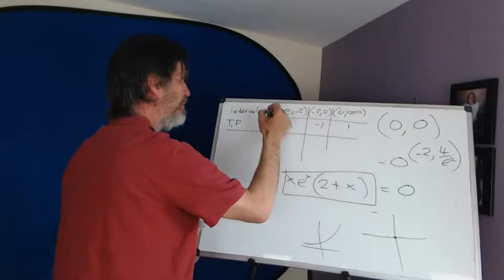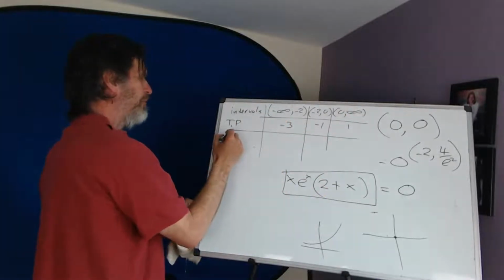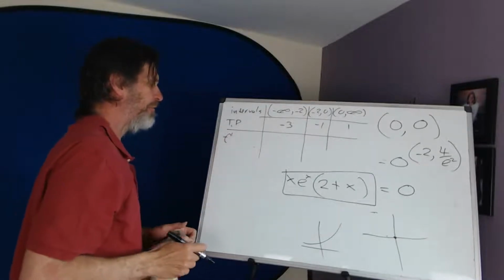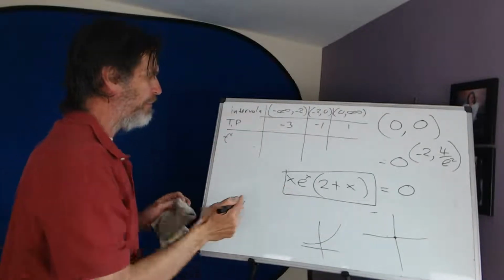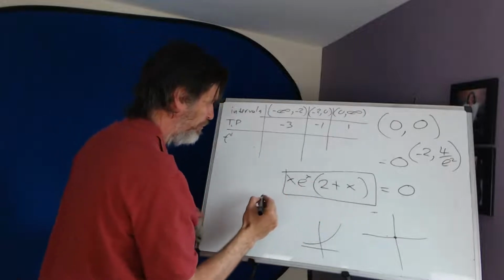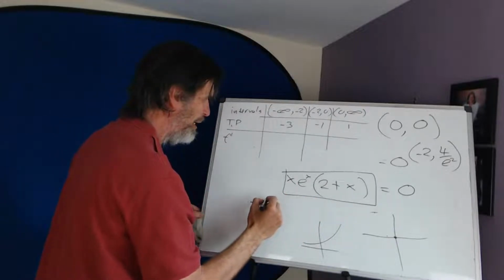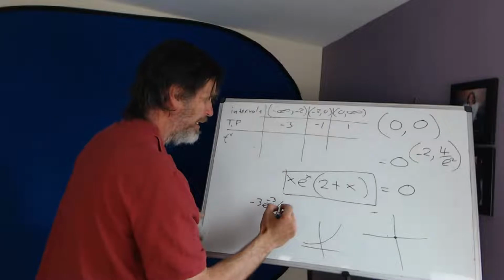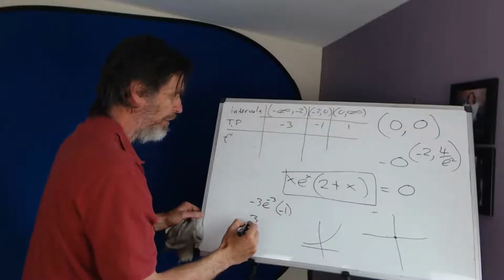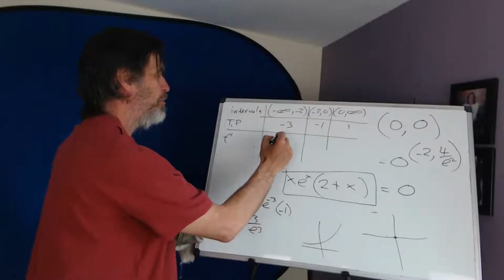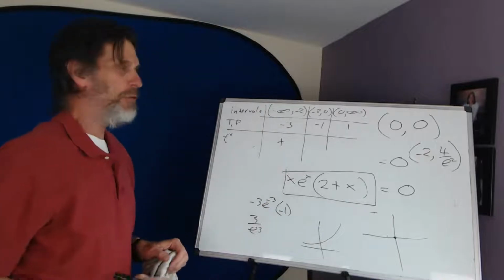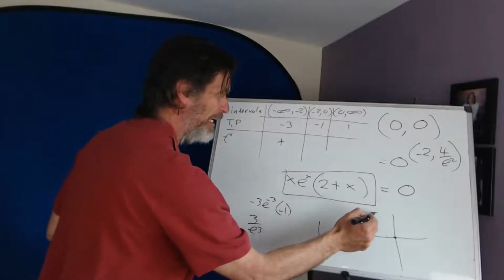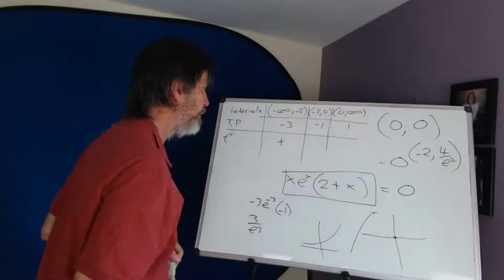Any number in these intervals, I'm going to choose the easiest one possible in each case. Now here's where sometimes students got a little confused. We want the value of the first derivative. So if I plug in a -3 in my first derivative, this is -3 e to the -3 times a -1. That's 3 over e cubed. That's positive. So the function is increasing until I get to that first critical point.